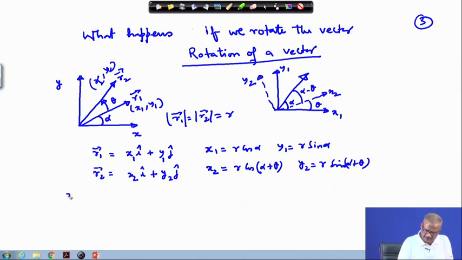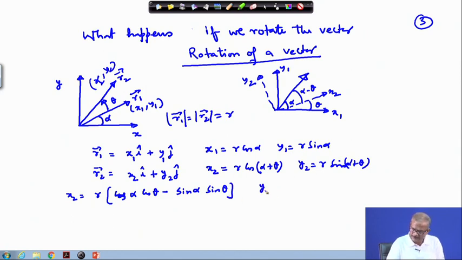If we expand this, x2 becomes r times cos alpha cos theta minus sin alpha sin theta, and similarly y2 will be r times sin alpha cos theta plus cos alpha sin theta.